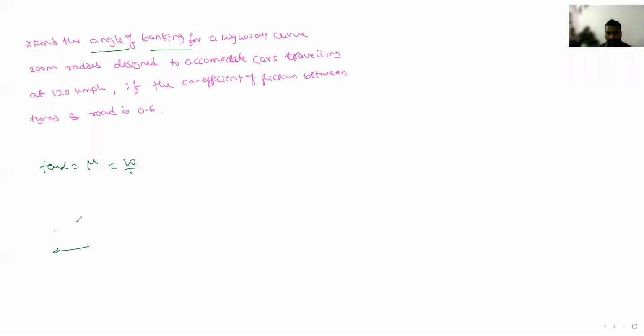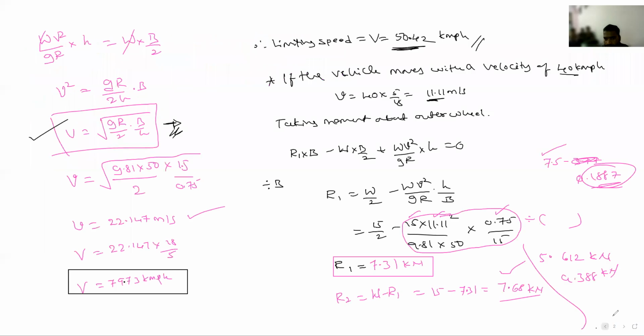There is a friction and a weight acting. Mu is F by N, the normal reaction. So if I want to determine the F value, N times mu. He is asking the alpha value, so you have to determine mu. If you determine mu, you can determine the value of alpha.